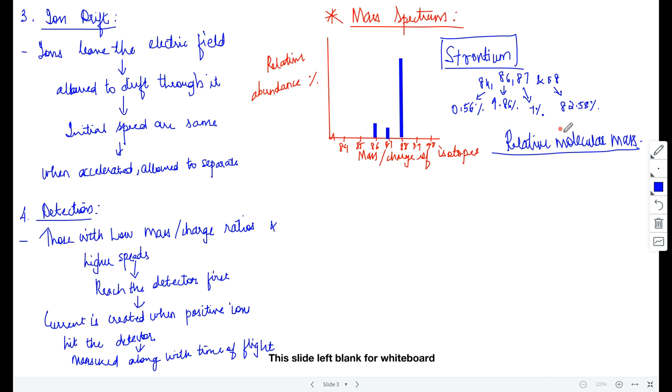Okay. This is relative molecular mass. There is something called relative atomic mass. You remember this symbol, Ar?